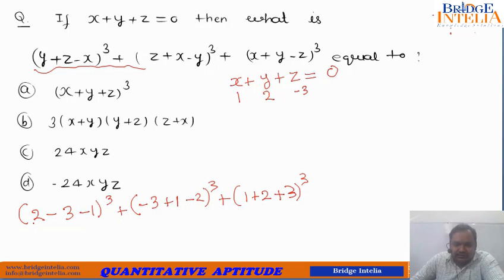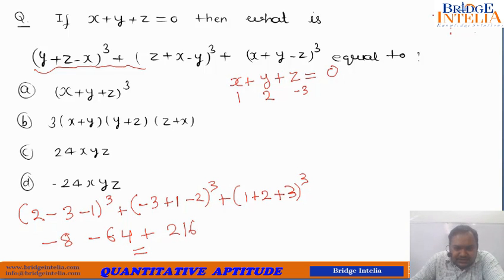So let's see what this comes out to be. So 2 minus 4, so minus 2 whole cube, so this is minus 8, so minus 5 and plus 1, so minus 4, so this is minus 64 plus 216. So this comes out to be how much?